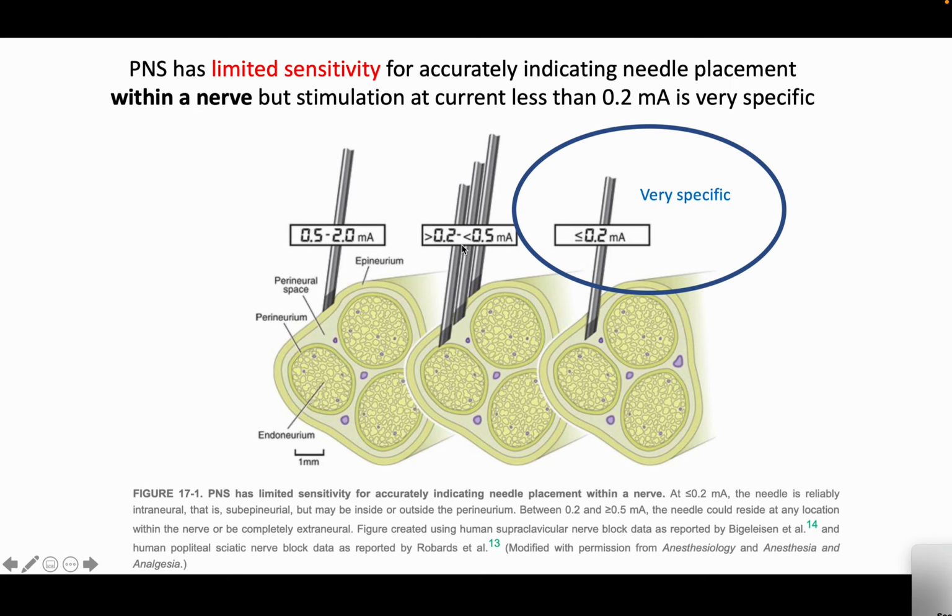But unfortunately, you could be intraneural even if you are between 0.2 and 0.5, and even a higher number. So it's not sensitive, but very specific. And some people keep the nerve stimulator at somewhat 0.5, and don't dial it down. But then, if they have a twitch, despite the fact that it looks like they're outside of the nerve, they would start dialing down. And if the twitch is still there at less than 0.2, they would pull the needle out a little bit to avoid injecting intraneurally.